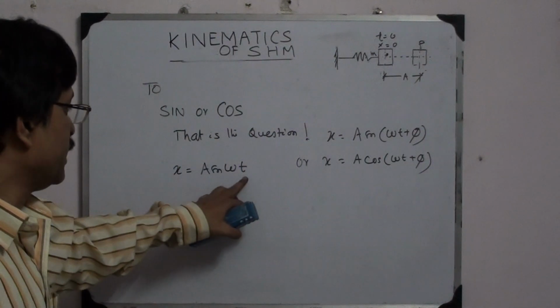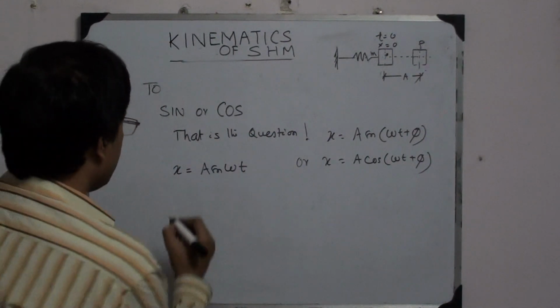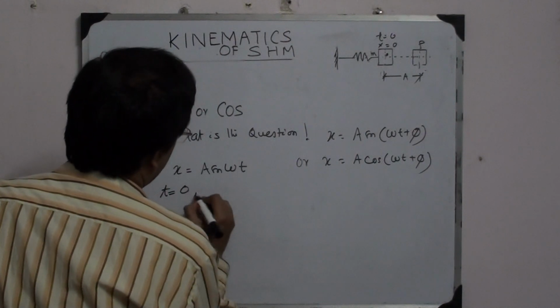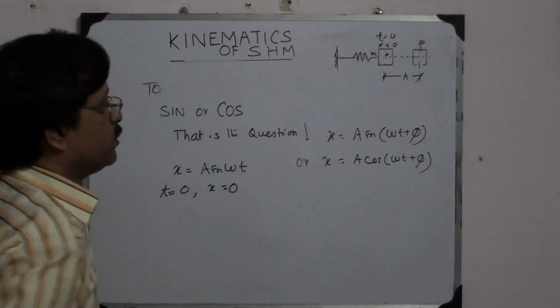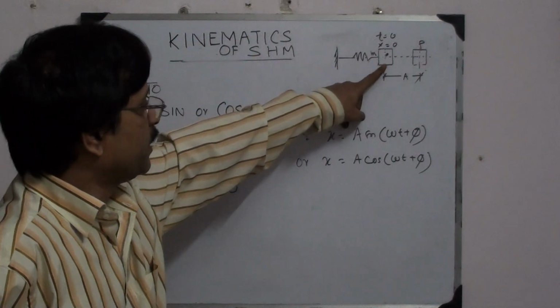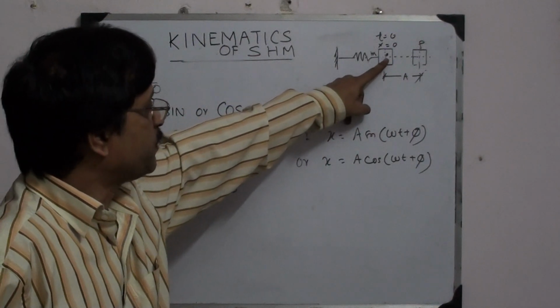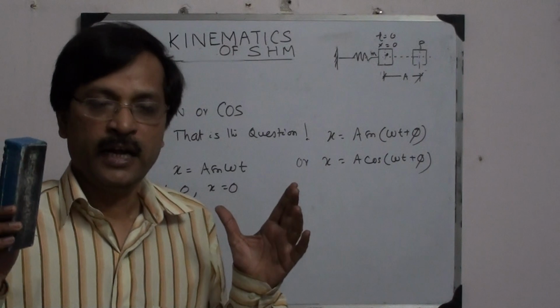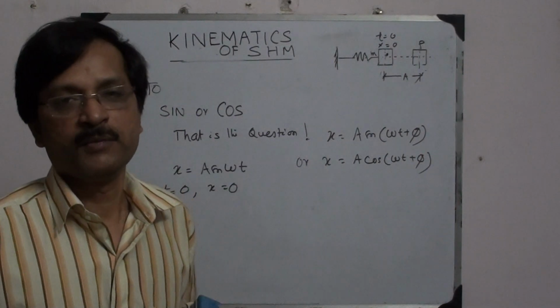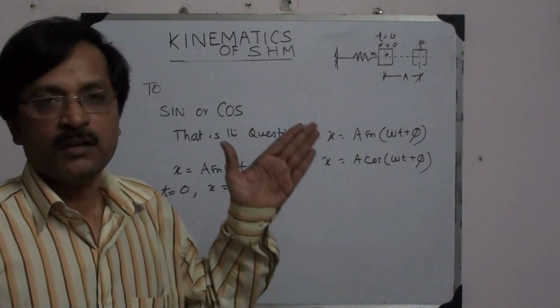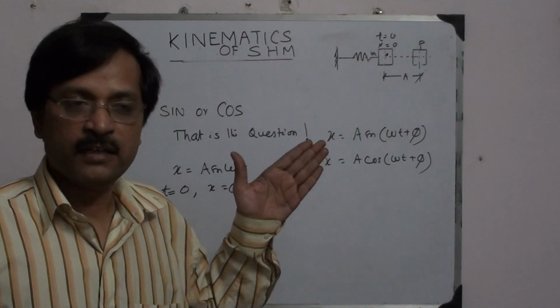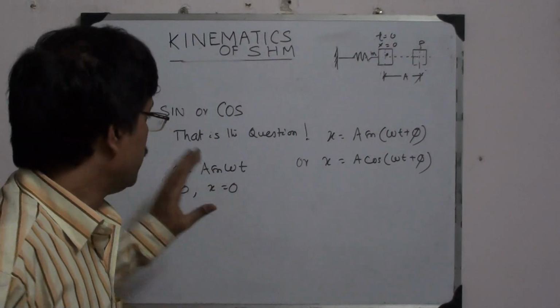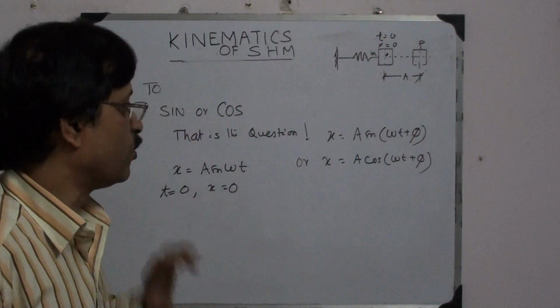Basically, you see here, if you put the initial condition t is equal to 0, then x turns out to be 0. So, if you are given a problem where there is a spring and it is told that at the start of the motion, the mass was at the equilibrium or the mean position, this is the equation of choice, a sine omega t.